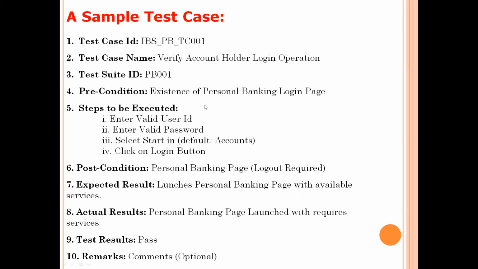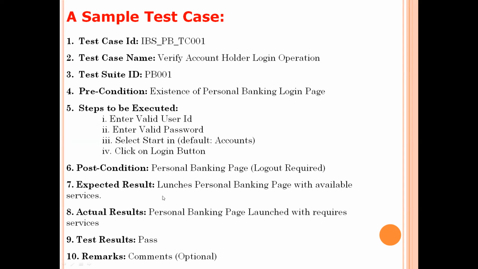Precondition, existence of personal banking login page. Steps to be executed: enter valid user ID, enter valid password, select start in default accounts. Next, click on login button. Next, post condition, personal banking page.